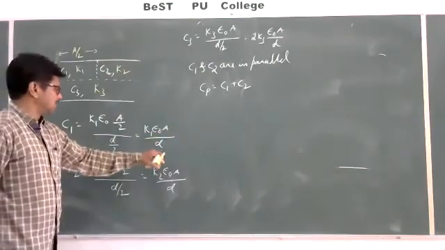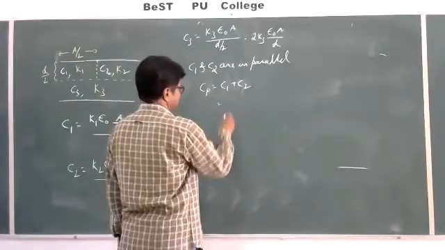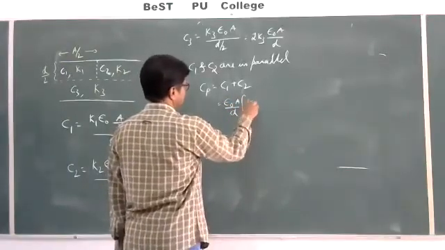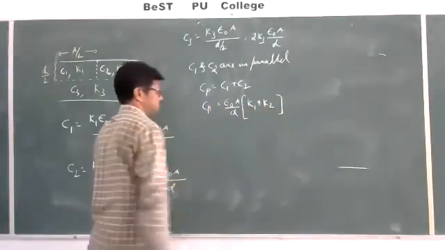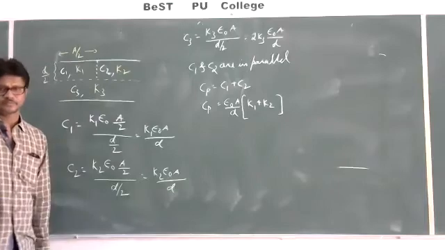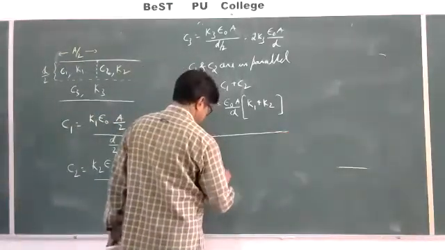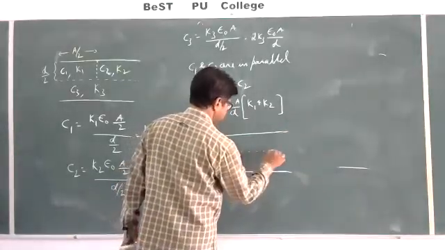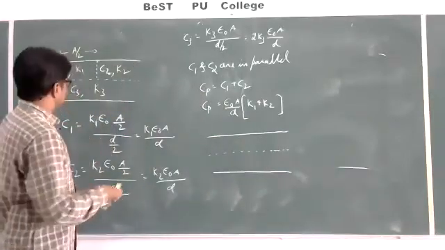So epsilon naught A by D is common, epsilon naught A by D into K1 plus K2. Now the diagram will become like this.